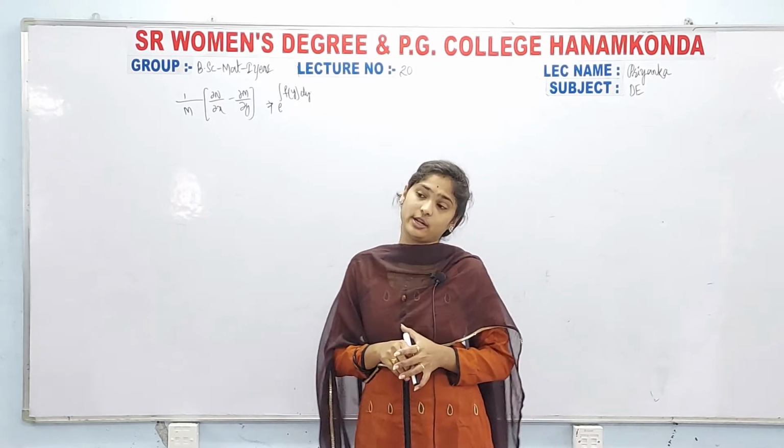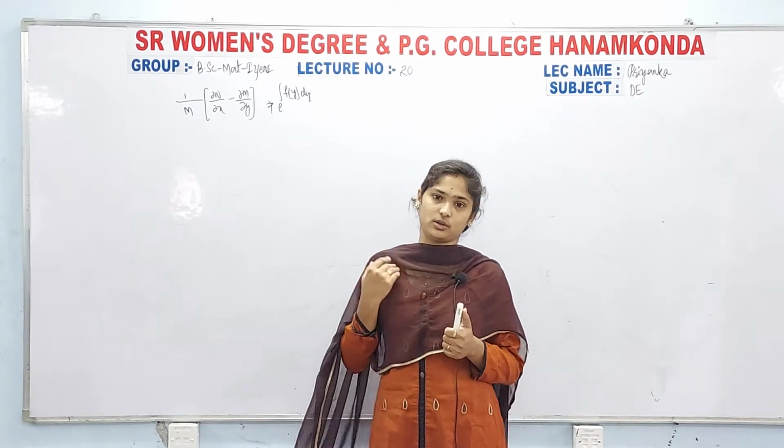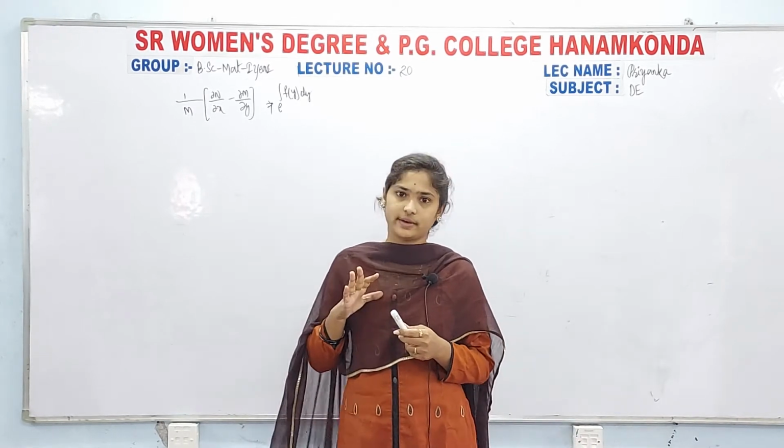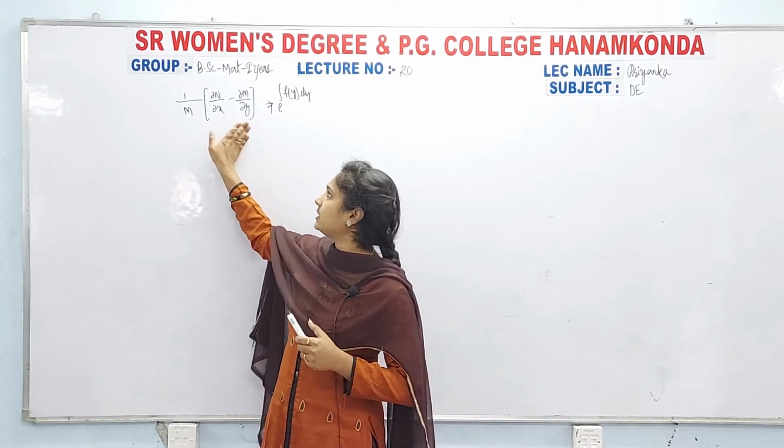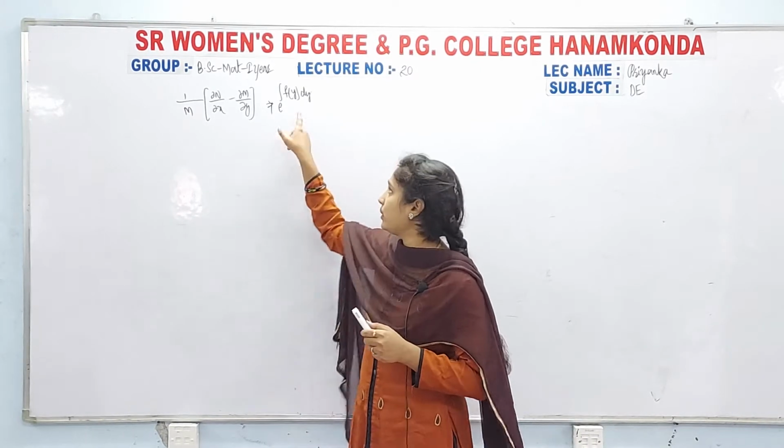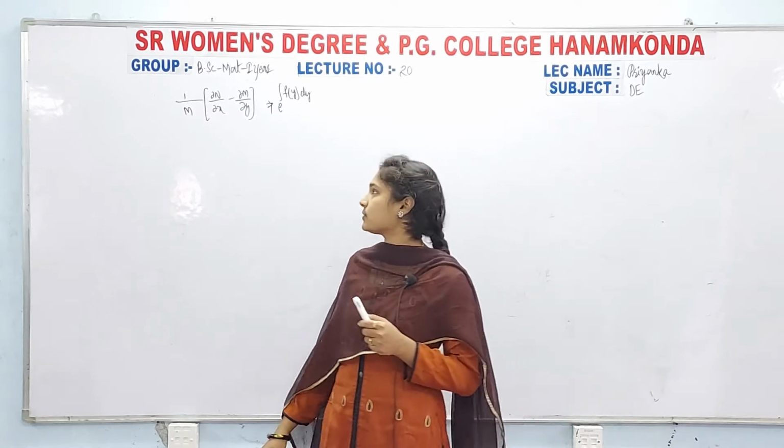In the previous method you could take f of x also. If you get this entire value in terms of y, then only you can take this integrating factor, otherwise we cannot.